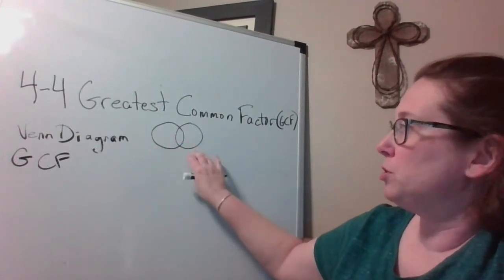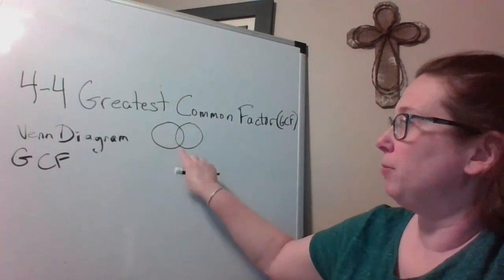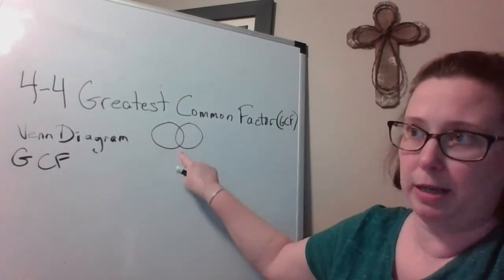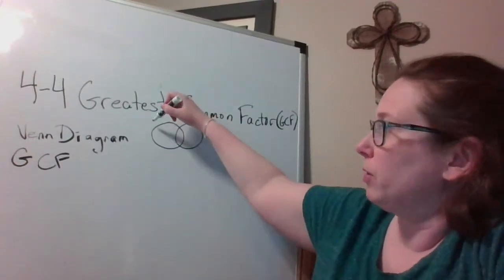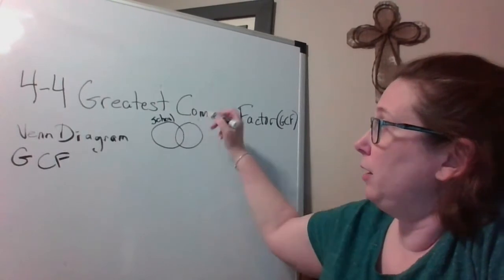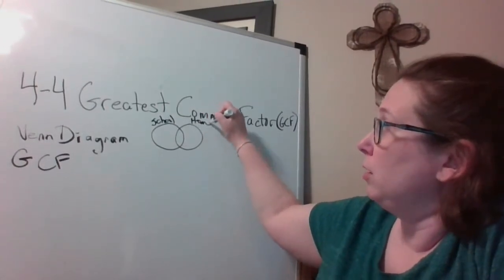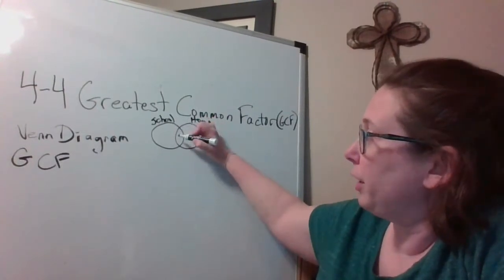You have two topics that some things are different about them and some things are the same about them. So let's do learning in school and learning at home. So in both, you are learning.